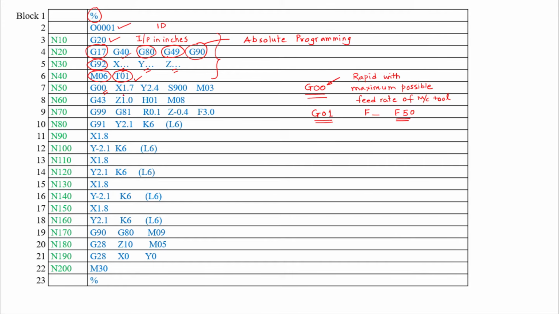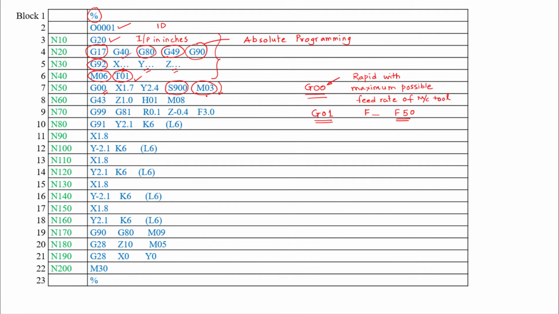Well, G00 means we are asking the controller to get the tool to X 1.7, Y 2.4. There is a start of the spindle, that is M03. The spindle has to start in clockwise direction with a speed of 900 RPM.